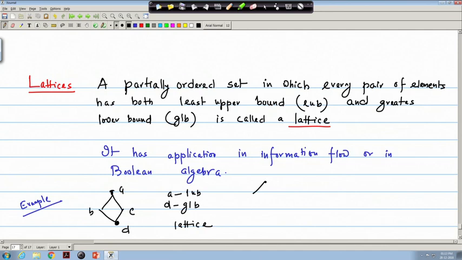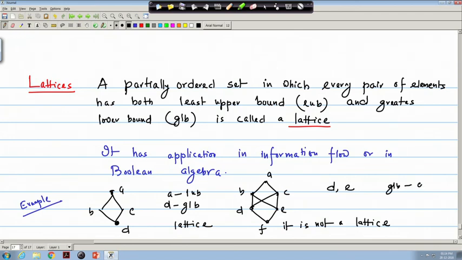If I consider another one, it is not a lattice, since if I consider BC or DE, for DE it has GLB as A, but no LUB. So, it is not a lattice.